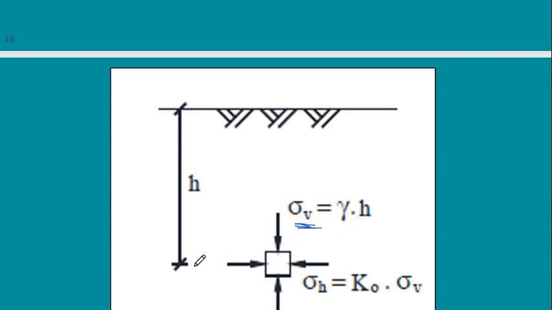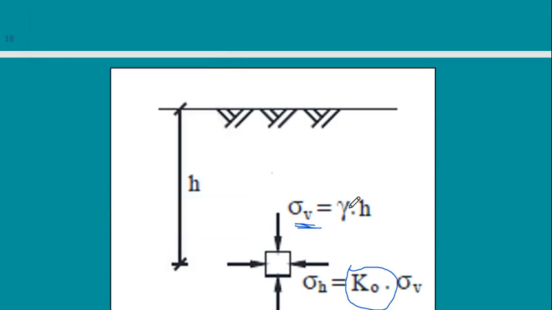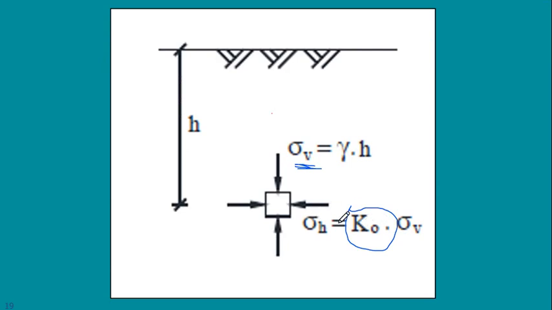But what about the lateral? The lateral is part of this gamma h. If I take the vertical and multiply it by a factor, this factor is called K. This K may be called K naught, K active, or K passive. Here it is K naught because the soil is not moving to the right nor to the left.